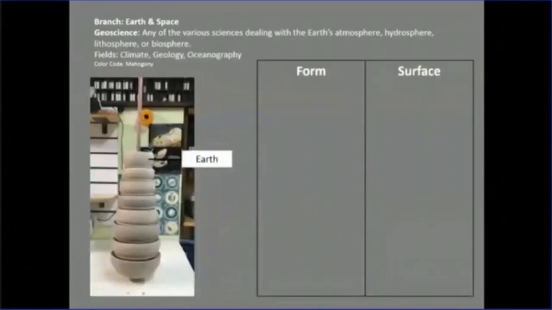Okay. That's good. So next is Earth science. So these fields are sciences dealing with the Earth's atmosphere, hydrosphere, lithosphere, biosphere. So we have oceanography, climate, geology, meteorology.